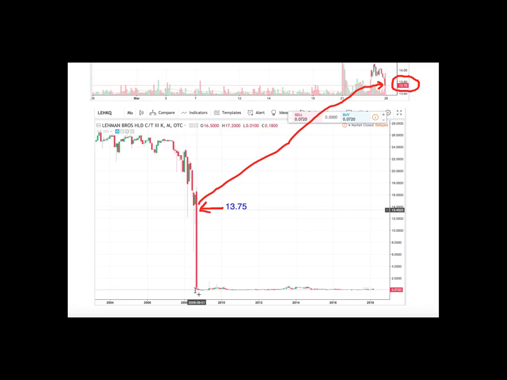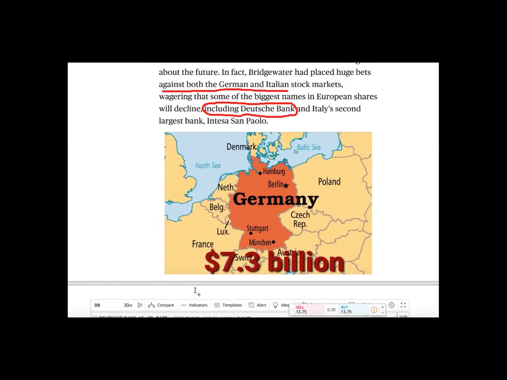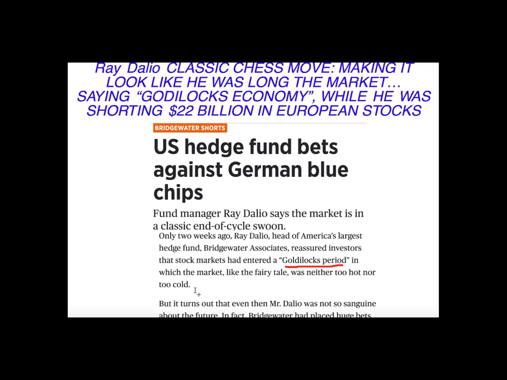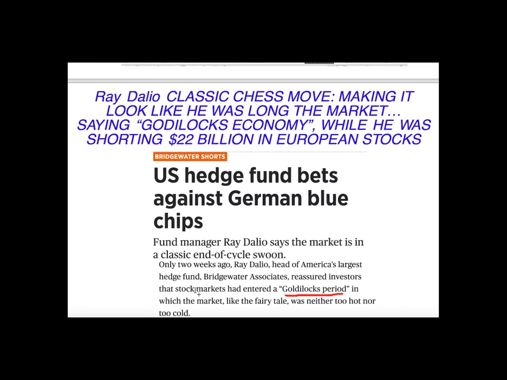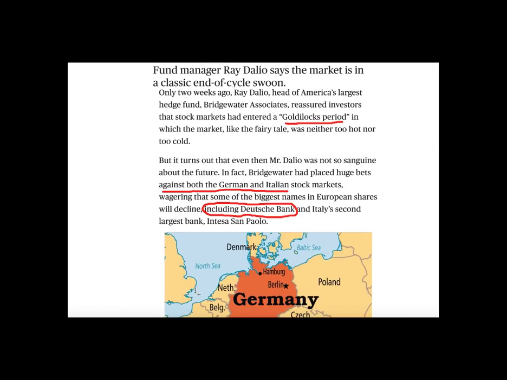So to make this more interesting, Ray Dalio, who manages a $160 billion hedge fund in the United States and has been very successful at it, pulls out a classic chess move, making it look like he was long the market, but he's actually been shorting European stocks to the extent of $22 billion. Now, where did one third of this bet go?